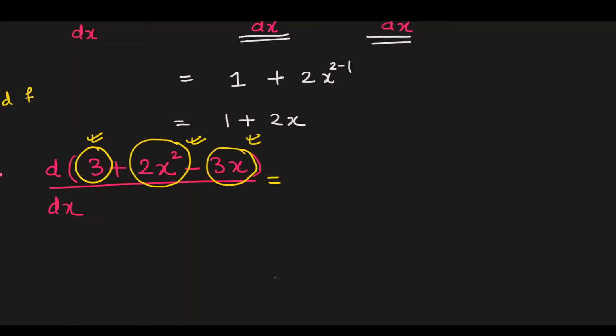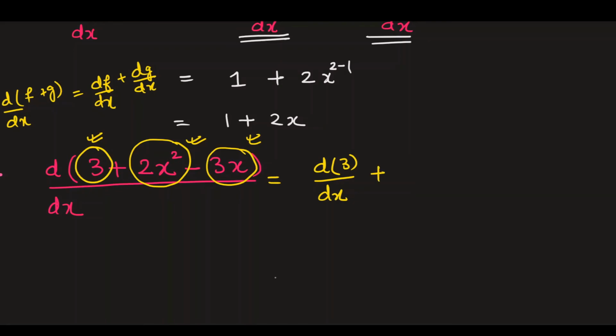In case of d of f plus g, we broke it into two parts, df plus dg. Now break it in three parts, so it will be d of 3 by dx plus d of 2x square by dx minus d of 3x by dx.